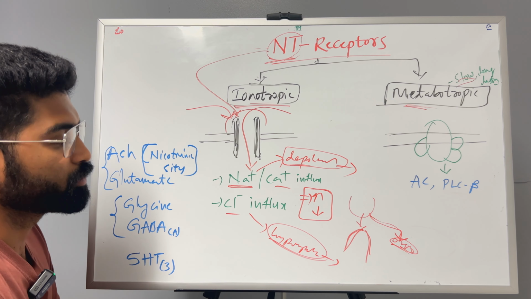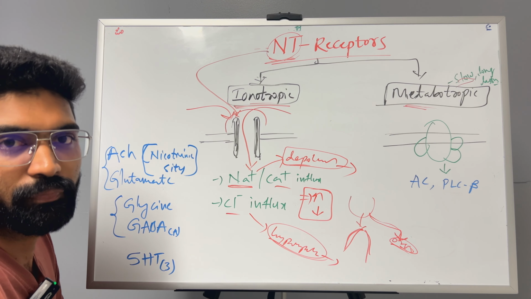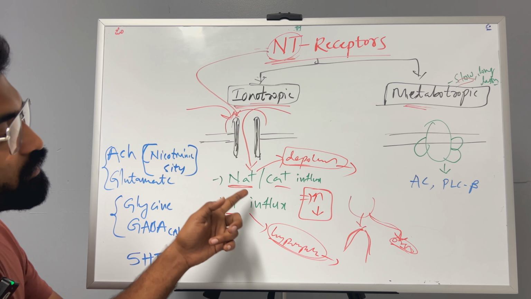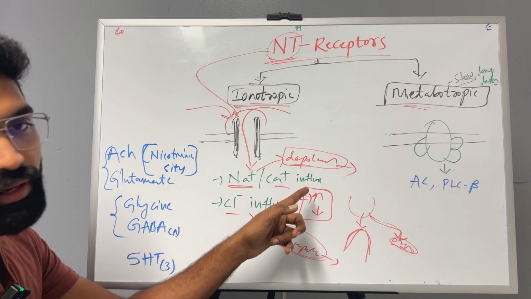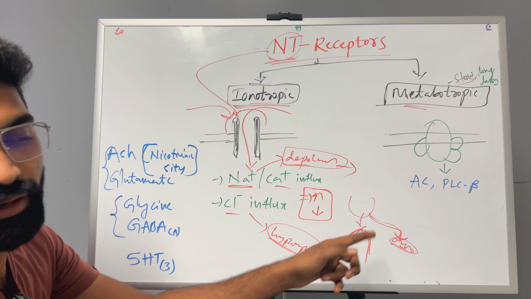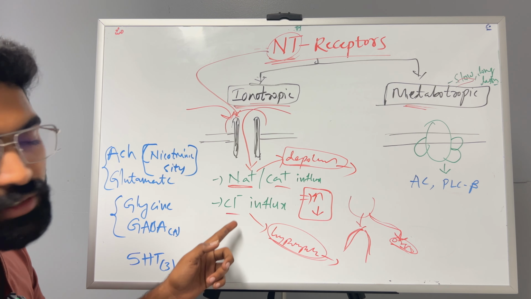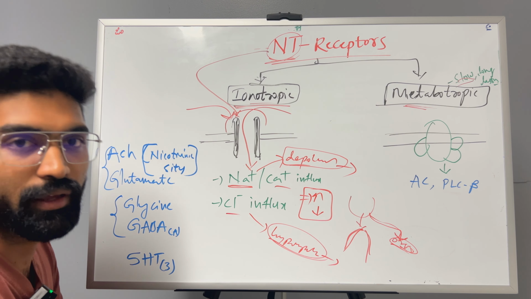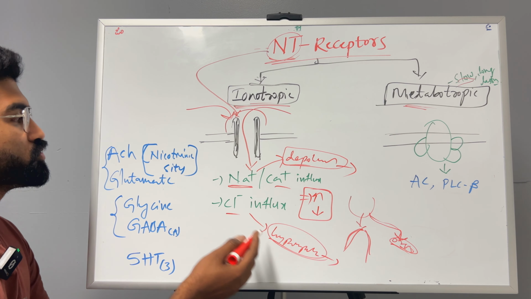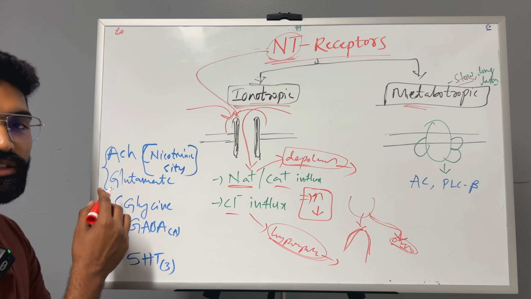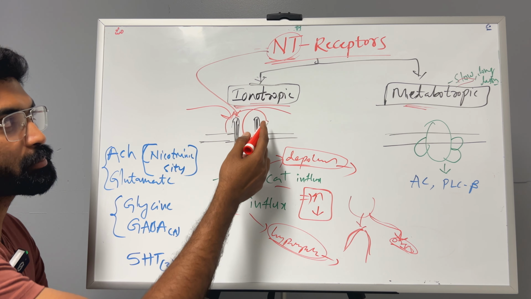So based on these two mechanisms, if the receptor increases the sodium influx, the excitatory effect will be there. Otherwise, if any neurotransmitter increases the chloride influx, the inhibitory effect will be there. Now let us move to the different neurotransmitters which act on the ionotropic receptors.